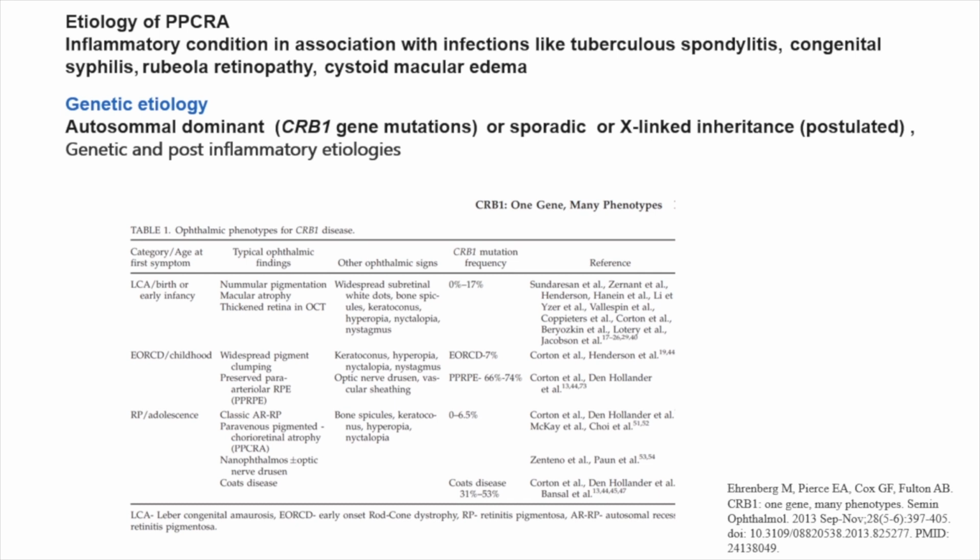And there is also a genetic preponderance reported in cases where an autosomal dominant pattern of inheritance is observed, and predominantly these cases showed mutation in the gene called CRB1 gene. And also there are sporadic cases reported, and there are no mutations identified, and it has been postulated that it can be an X-linked inheritance.